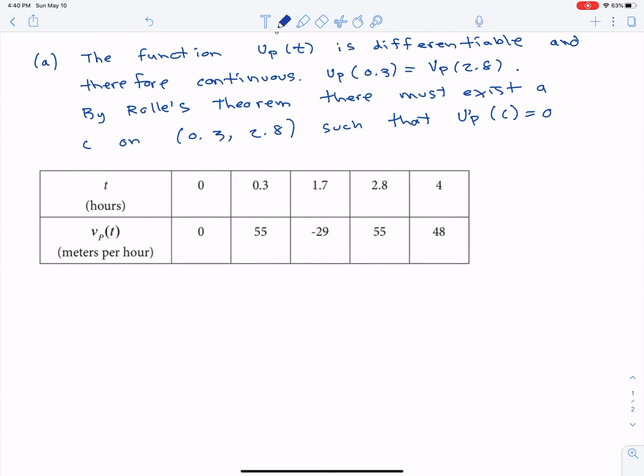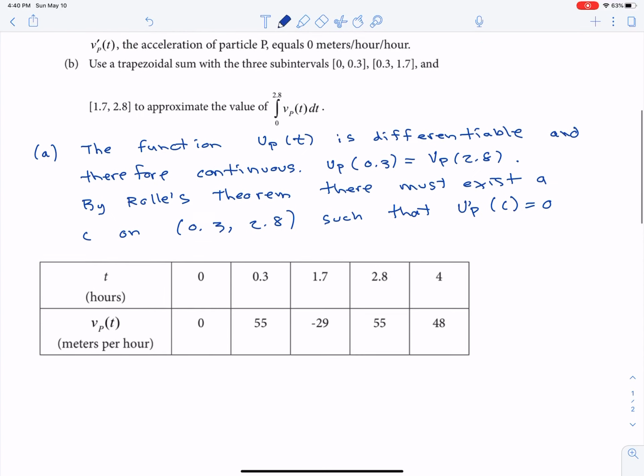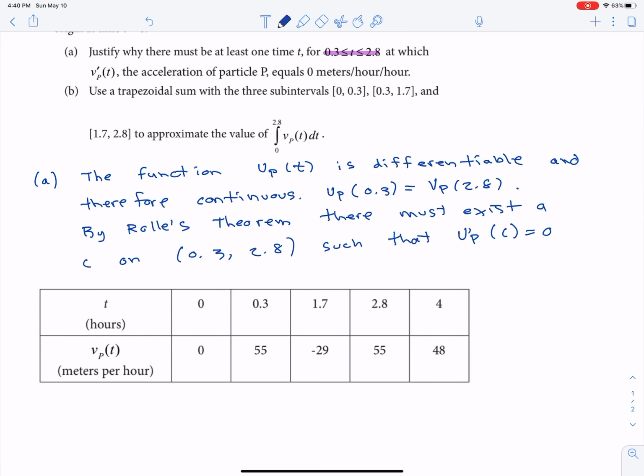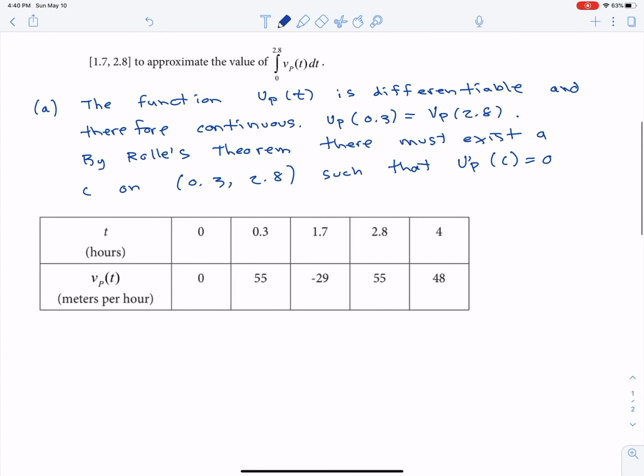So in order to do a trapezoidal sum, for B, this value that they gave us, this displacement, is approximately equal to, okay, so let's do the trapezoidal sum. Remember, for a trapezoidal sum, you take the base and multiply by the average of the heights.